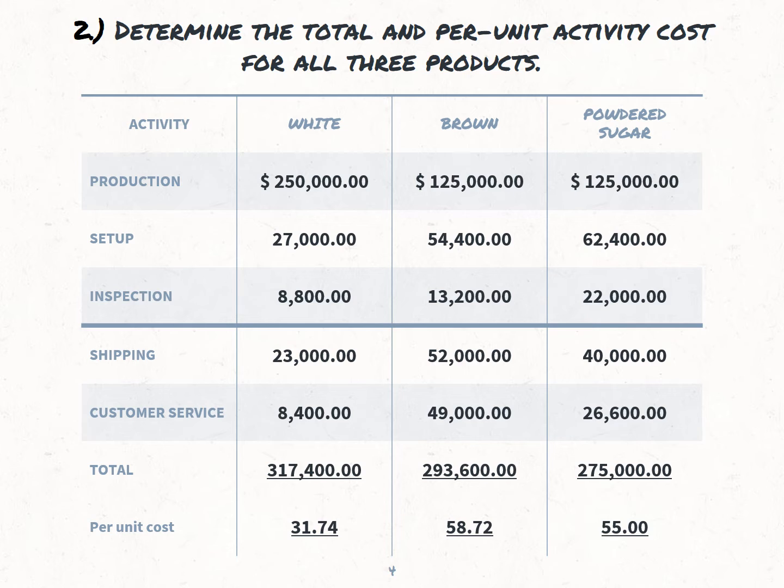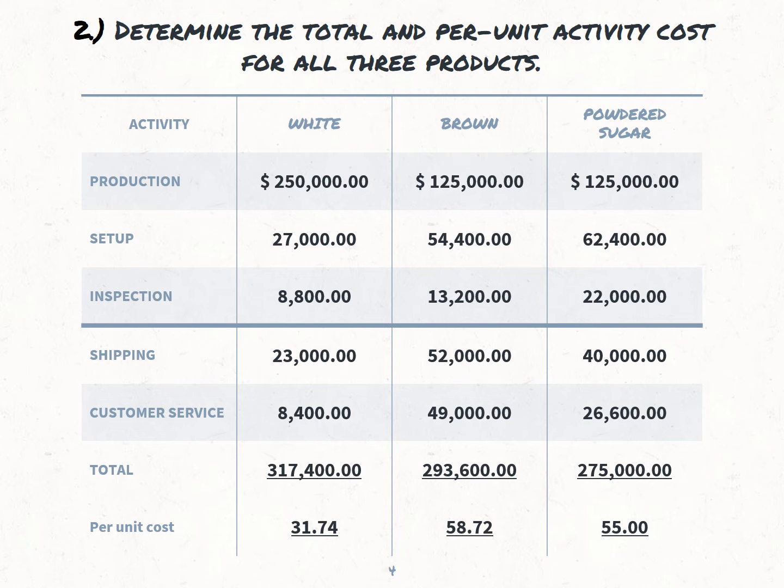For number of setups, we have 85 for white sugar, 170 for brown sugar, and 195 for powdered sugar, for a total of 450, multiplied by the activity rate of $320 per setup, so a total of $27,200 for white sugar, $54,400 for brown sugar, and $62,400 for powdered sugar.